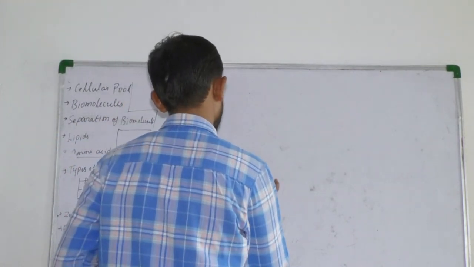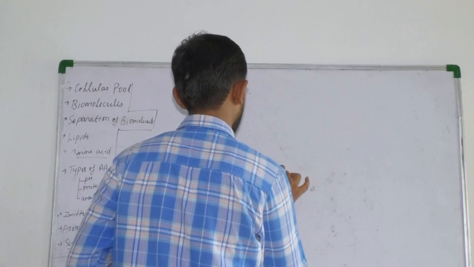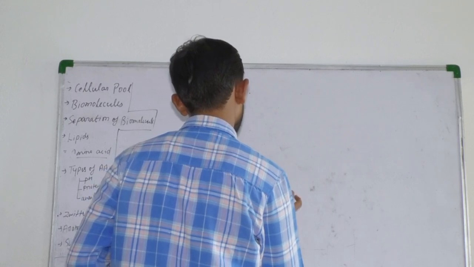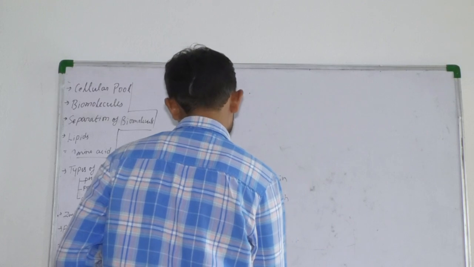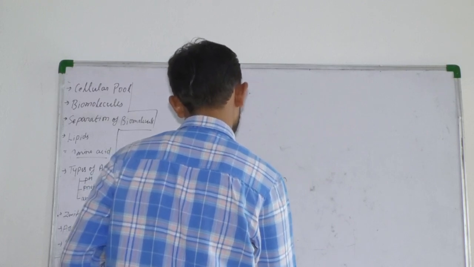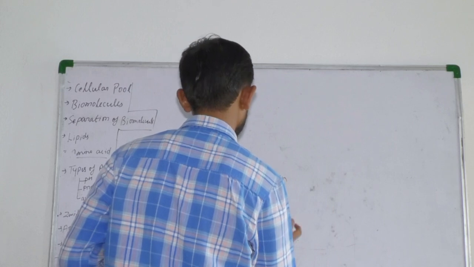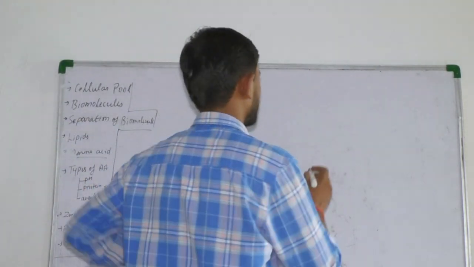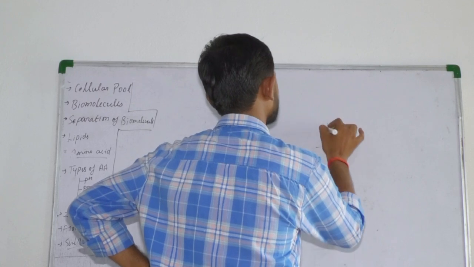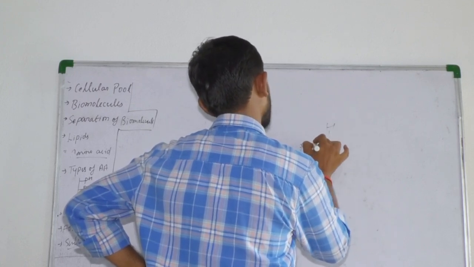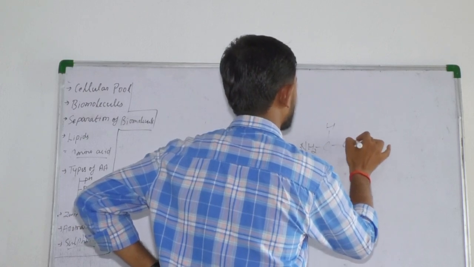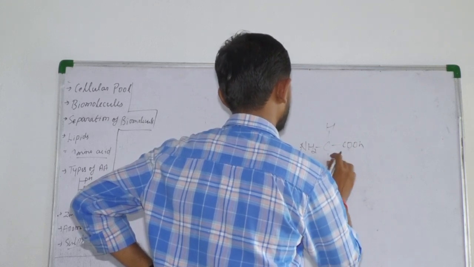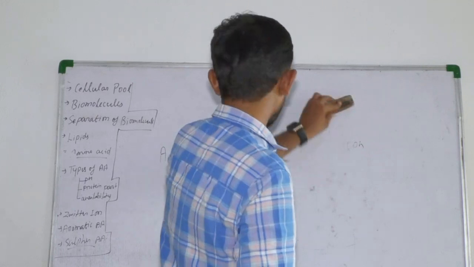The first one is phenylalanine, the second one is tryptophan, and the third one is tyrosine. So these are the three important aromatic amino acid. In these aromatic amino acid, the R group is attached with an aromatic molecule, so these are called aromatic amino acid.